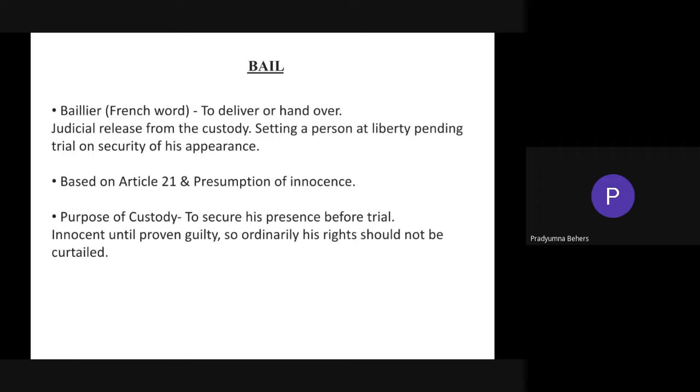If even without being in custody his presence can be brought before the trial court, then there is no requirement for the accused to be in custody, and he should be given the chance of being out of custody till he is actually proven guilty. So that is the purpose of bail.